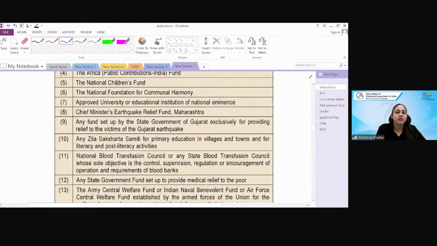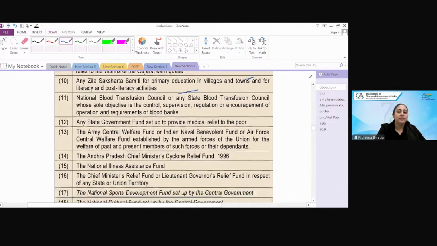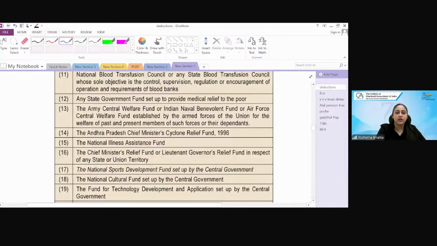State Government Fund of Gujarat, Zilla Samikshi Fund, National Blood Transfusion Council Fund, State Government Fund for Medical Relief, Army Central Fund, Indian Naval Fund, Andhra Pradesh Chief Minister Fund at number 15, National Illness Fund, Chief Minister Relief Fund. Why is 17 in italics? Because this is a change which has come this year. It was National Sports Fund earlier, and the word Development has been added. So there is this small change this year.